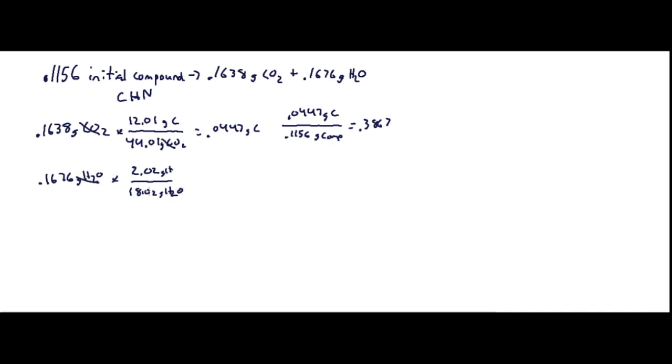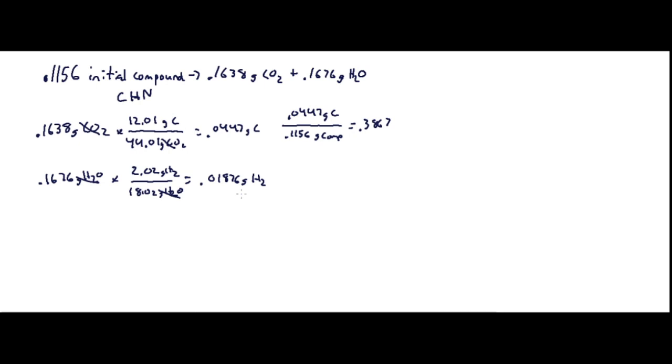Grams of H2O cancel out. That will leave you with 0.01876 grams of hydrogen, which is in terms of H2 because that is what was created in the output of the reaction, which is H2O.